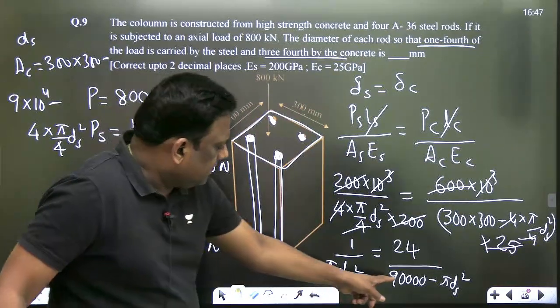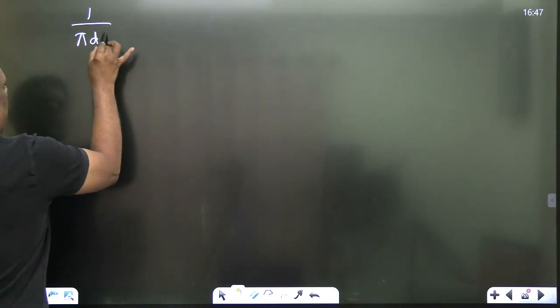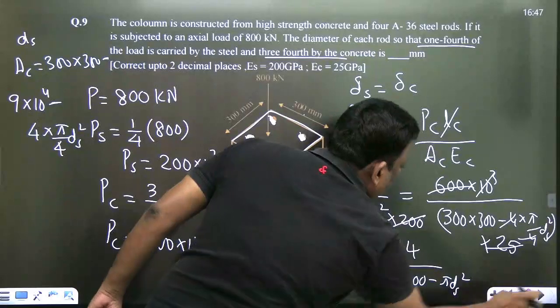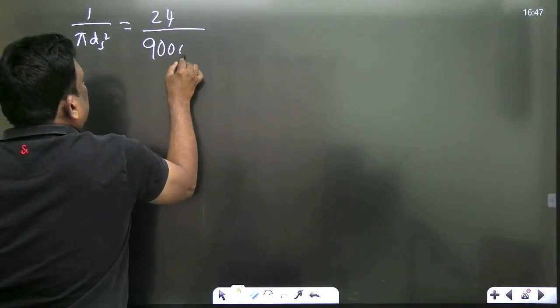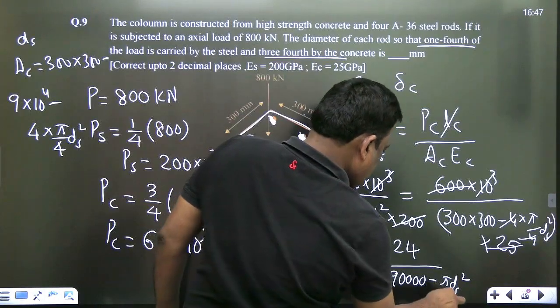So taking it to the new slide: 1 by pi ds square is equal to 24 by 9 into 10 power 4 minus pi ds square. Let me check once more. Correct.